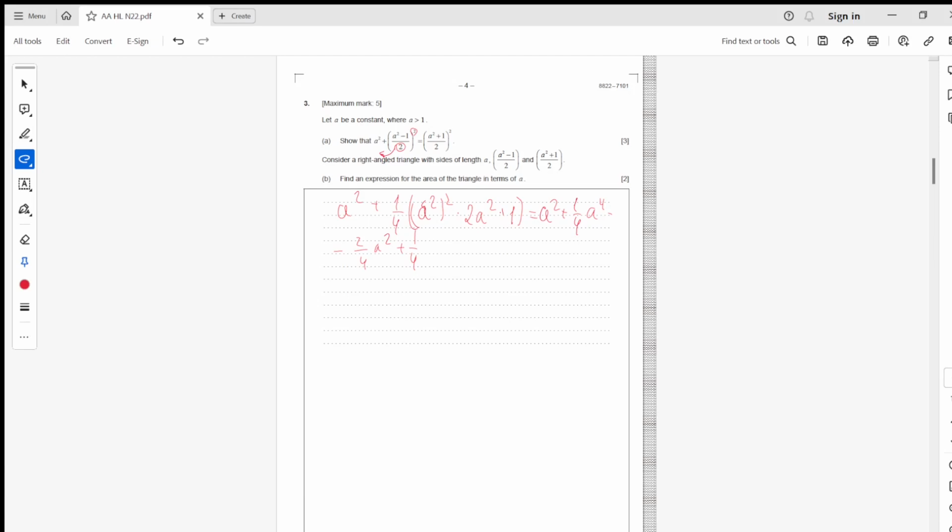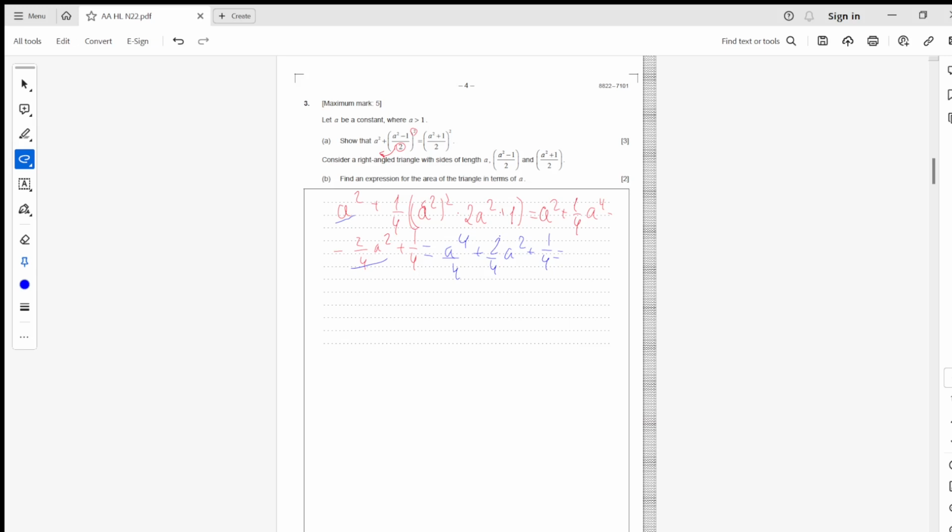I don't want to cancel out these two, but as we can see, this and this we can add, and it will give us 1 minus 2 over 4, which is 2 over 4. And this is also divided by 4.